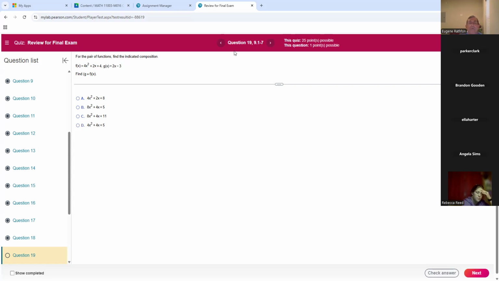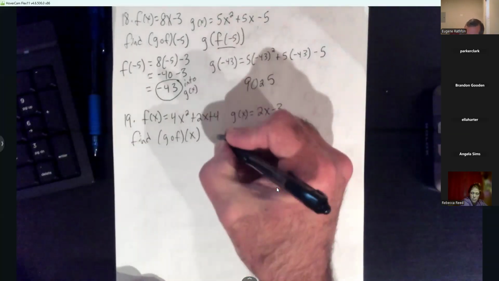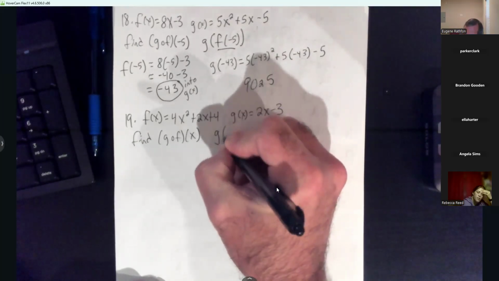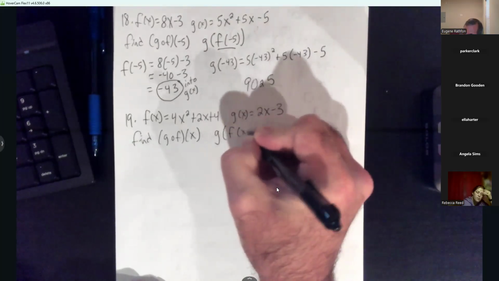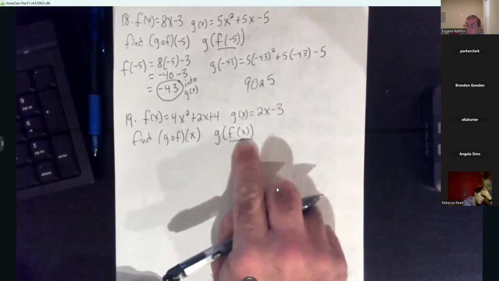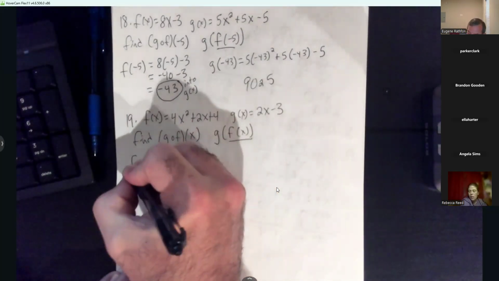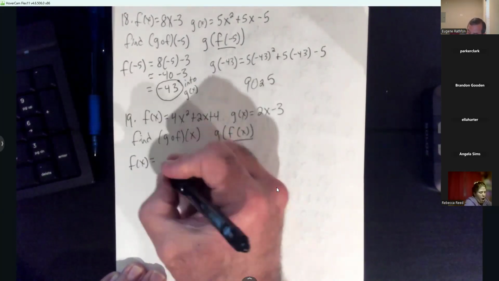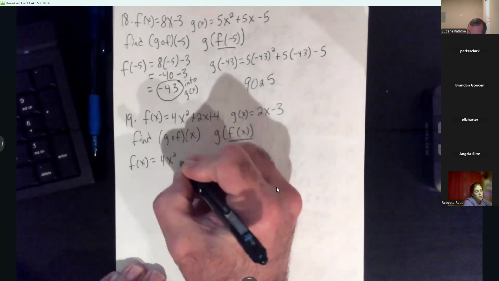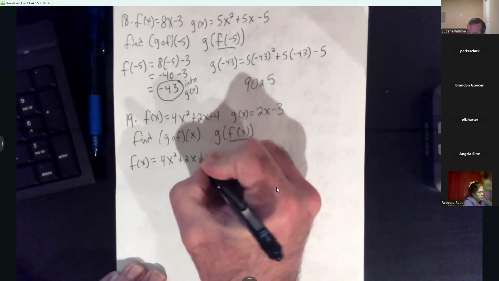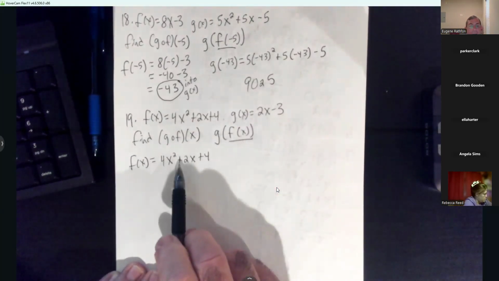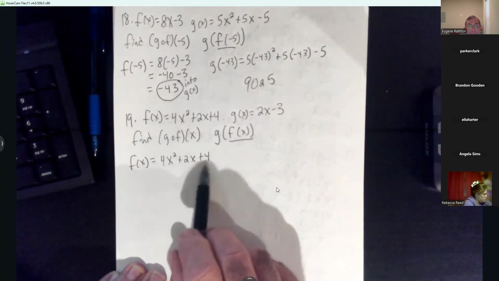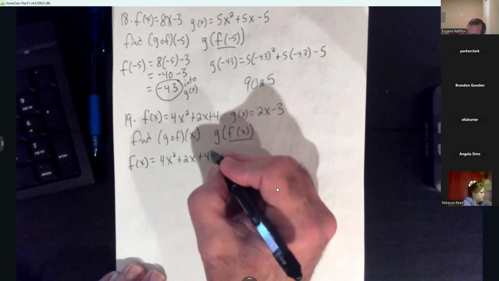All righty, y'all, so let's go work that one. Now, like I said, on this one, they didn't give me no values to put in. So this will be like finding g of f of x. I'm going to start with f of x. f of x equals this trinomial here, 4x squared plus 2x plus 4. But y'all, since they didn't give me no numbers, I cannot do nothing with this.